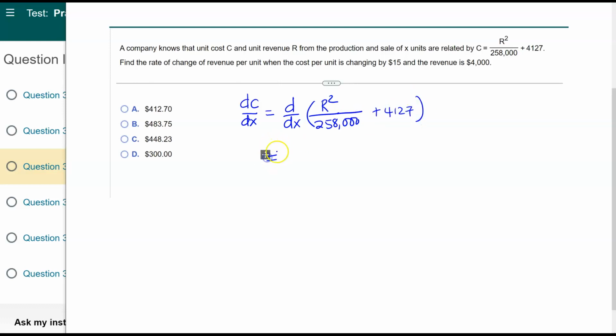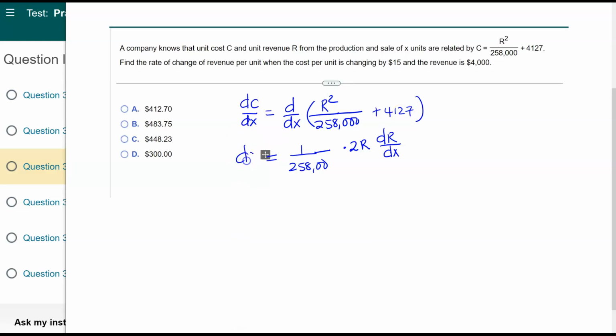You can factor out 1 over 258,000, and then just differentiate R. The derivative of R squared is 2R dR/dx. So your R here is the revenue. Now the derivative of 4,127 with respect to x is just 0. That is just a constant.